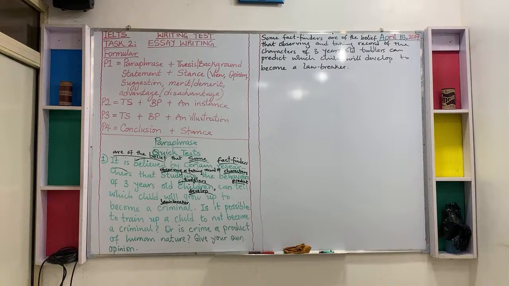Okay, then it continues that studying the behaviors of 3-year-old children, then we say that observing and taking record of the characters of 3-year-old toddlers, then can tell, we say can predict which child will grow up, and we say will develop to become a lawbreaker. The original question says to become a criminal.